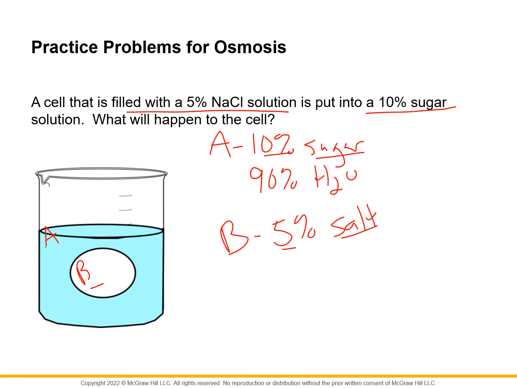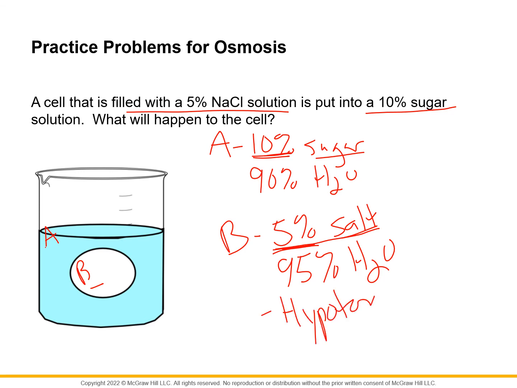So it's 5% salt, so it's 95% water. Isotonic means they have the same concentration of solute. 10 is not the same as 5, so one has to be hypotonic, one has to be hypertonic. Hypotonic means lower solute. 5 is lower than 10, so this is hypotonic. And if it's lower solute, that means it is higher water.